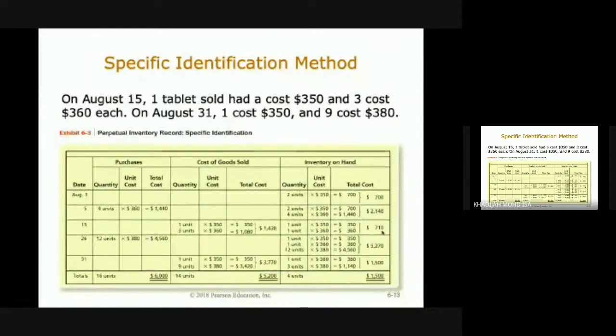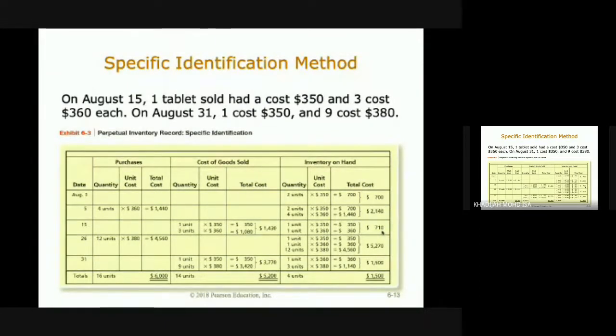Remember that you still have 1 unit of 360 which is unsold, still in hand, right? So you still have to put that as your balance, where you have 0 units of 350, but you have 1 unit of 360 and 3 units of 380. So you total up the cost, and you have a total cost of 1,500.